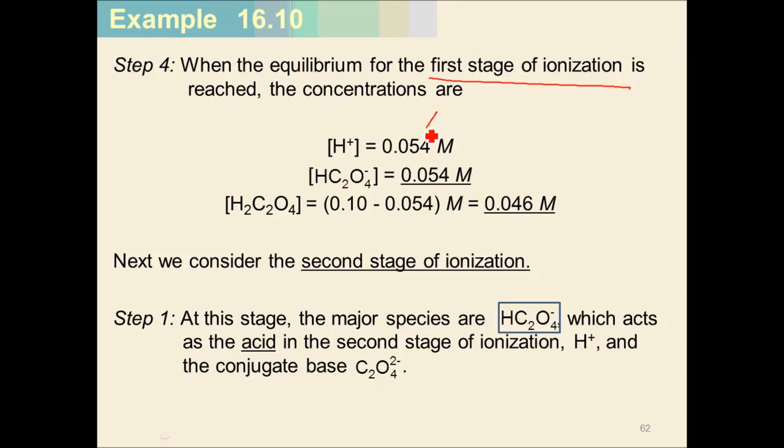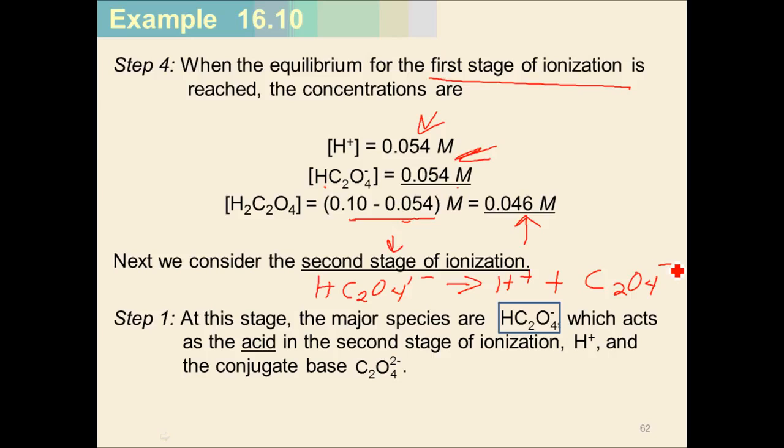On slide 62 then, step 4, at equilibrium, this was for the first stage of ionization. So these concentrations mean hydronium ion is 0.054, our conjugate base is 0.054 also because it was X, and our acid was 0.1 minus that 0.054, which is 0.046 molar. Now, consider the second stage of ionization, meaning when our HC2O4 1- will ionize to our hydrogen ions and then our oxalate ion.